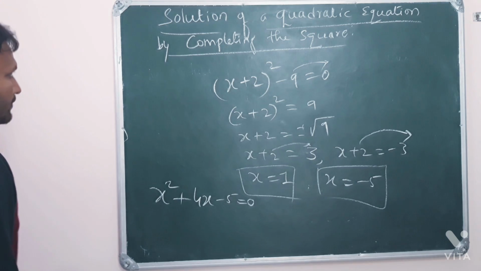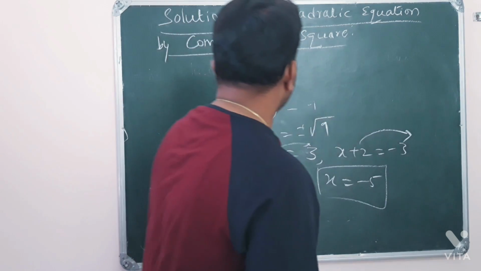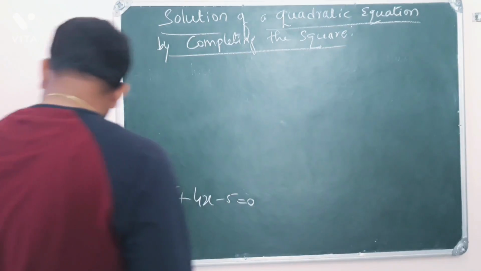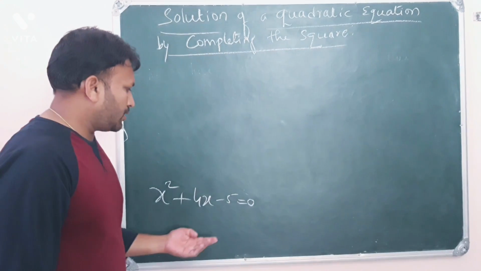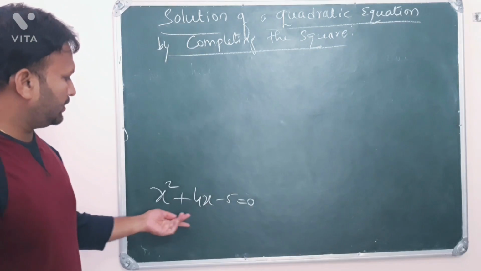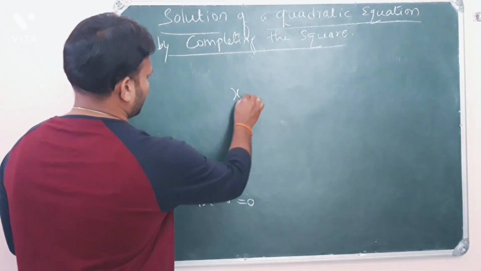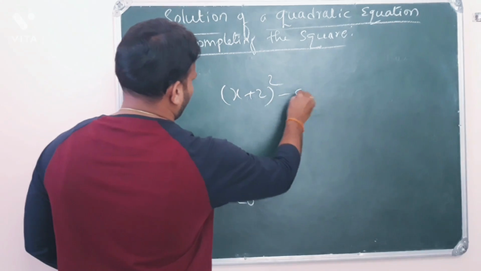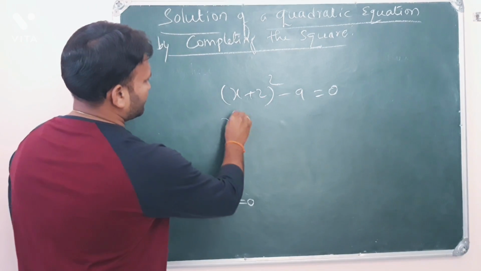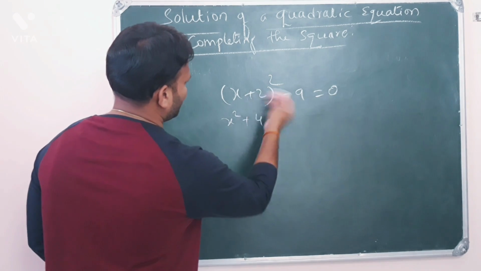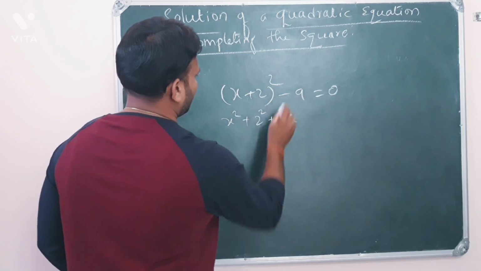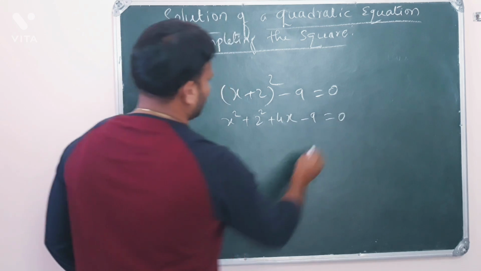In this case, if you are very well aware of the completing the square method and the factorization method, you will say that this is also of the form x plus 2 whole square minus 9 is equal to 0, because x square plus b square plus 2 into a into b is 4x.